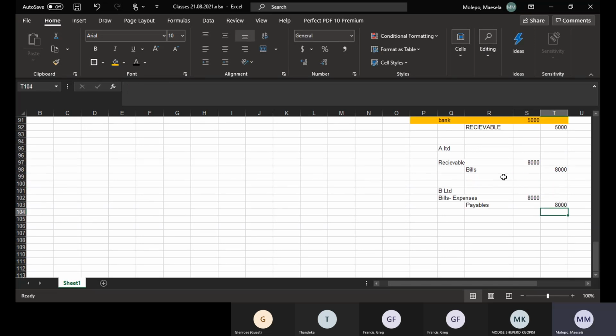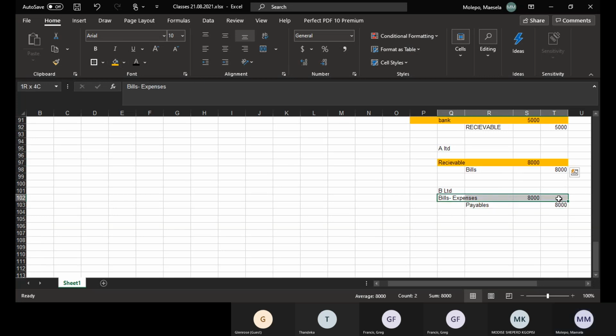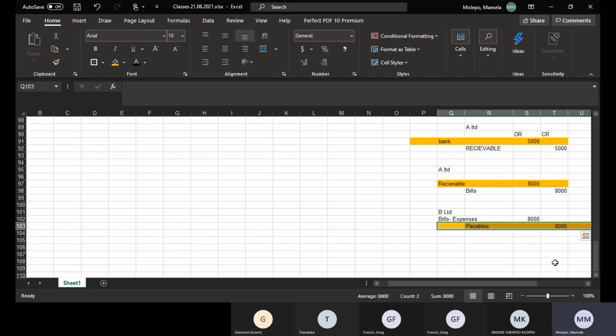Then when you reverse this, it will be the bills receivable on the credit side of A Limited, and then the bills payable on the debit side for B Limited.